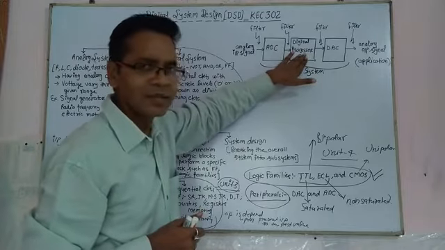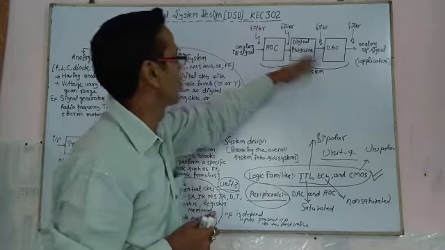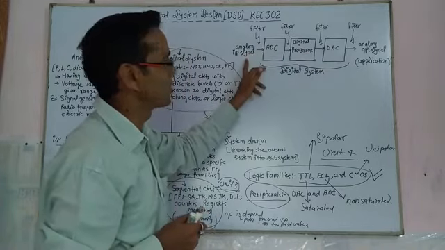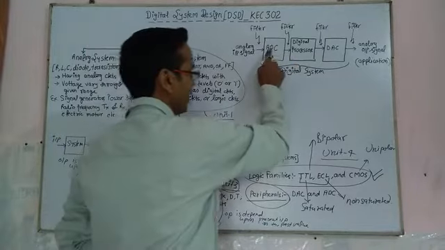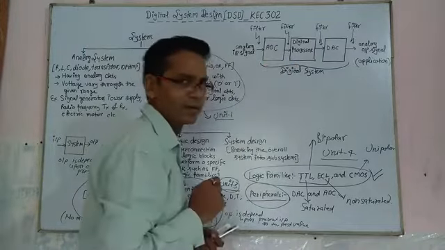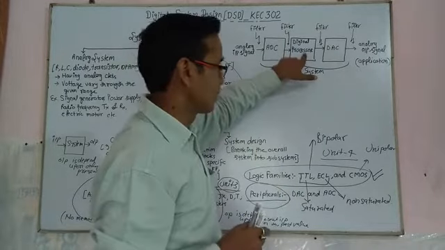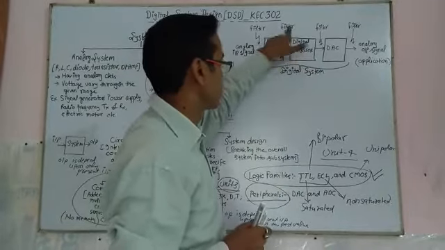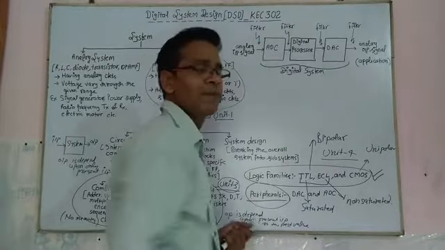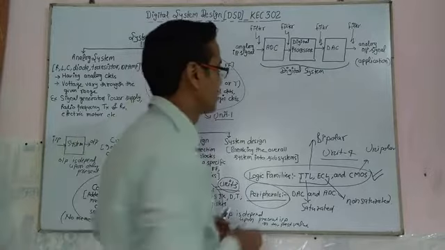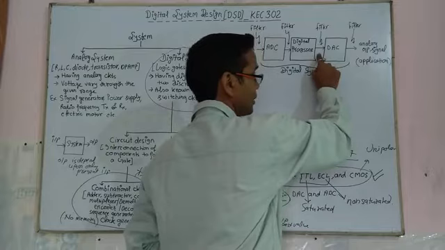The digital processor requires a digital signal, so before applying, you have to convert this analog signal into a digital signal using this analog to digital converter. After this, you apply this signal to the digital processor, which will process whatever you want, and afterwards you will get an output in digital form.